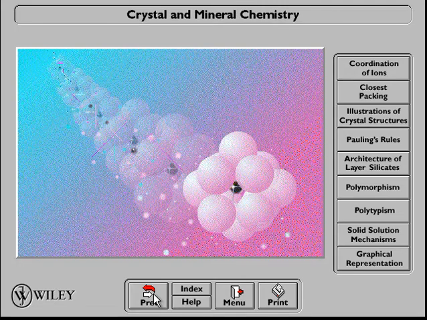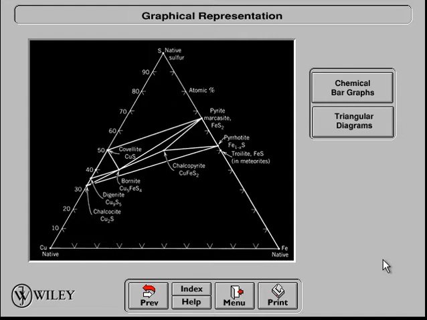So now today we will continue with the graphical representation. With the graphical representation, I mean we are using a binary system and we are using a ternary system. Here we have an example of a ternary system. That means we are having three components, and in this example we have copper, we have iron, and we have sulfur.